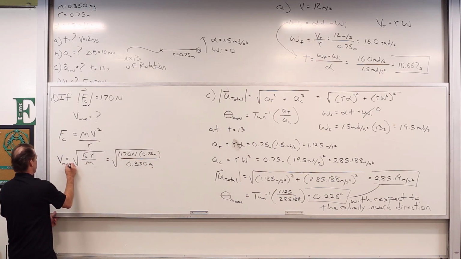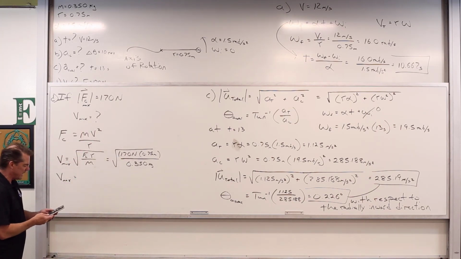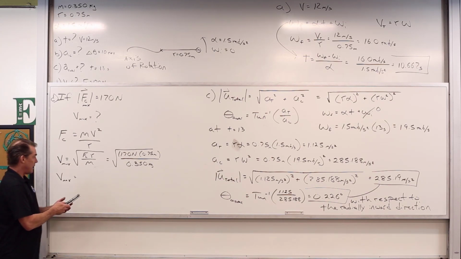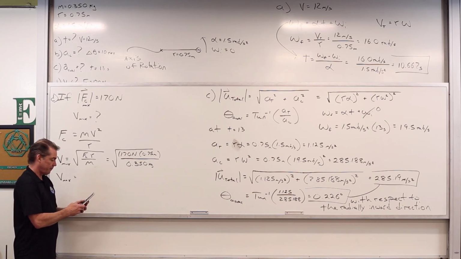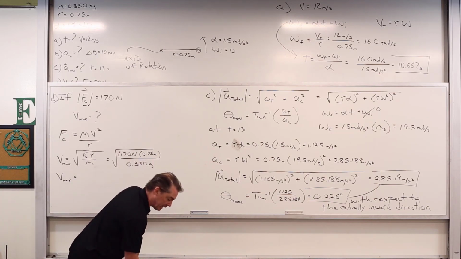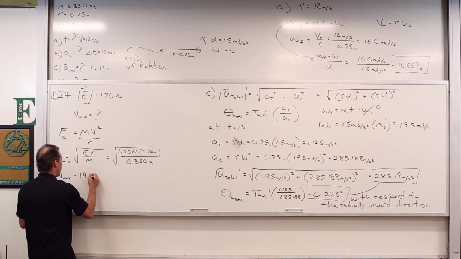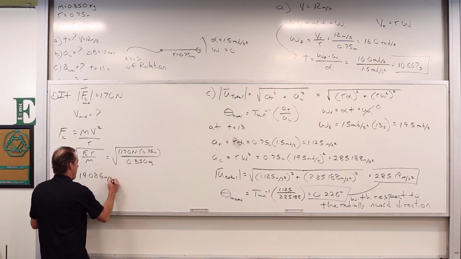And we get a v max, speed through space, which would substantiate 170 newton centripetal force acting on this mass, as 170 times 0.75 divided by 0.35, which gives 19.086 meters per second.